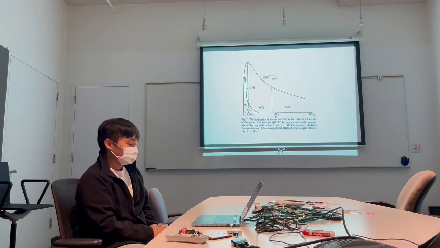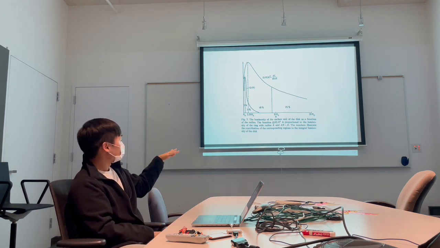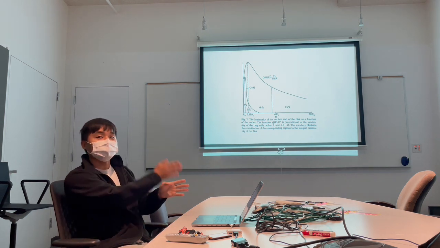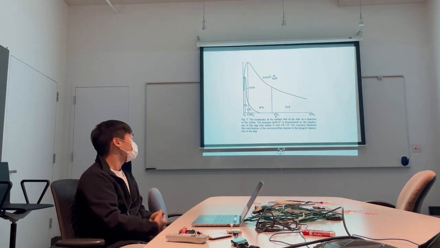So you'll see the maximum occurs at about 2.25 times the innermost radius of the disk.